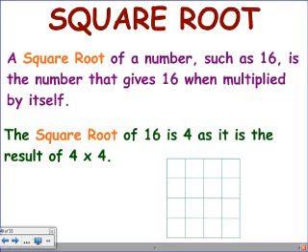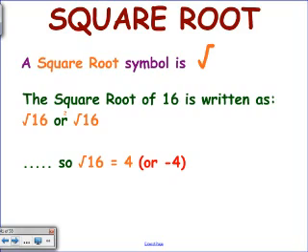This is why you need to recognise them in Unit 2. They can't ask you nasty numbers because you haven't got a calculator. So if you can recognise that 16 is a square number and it's the result of 4 times 4, the square root of 16 is the number 4. Okay? So the square root symbol is this. Square root of 16 is 4.